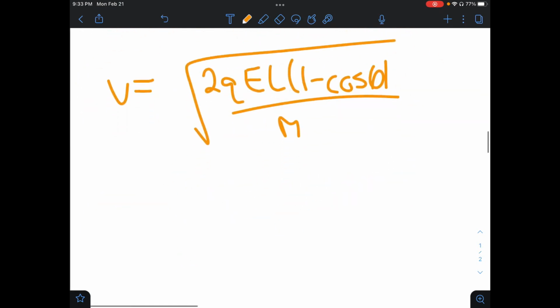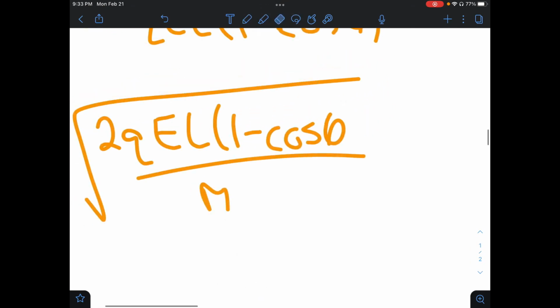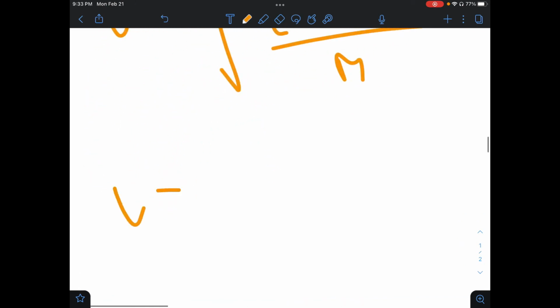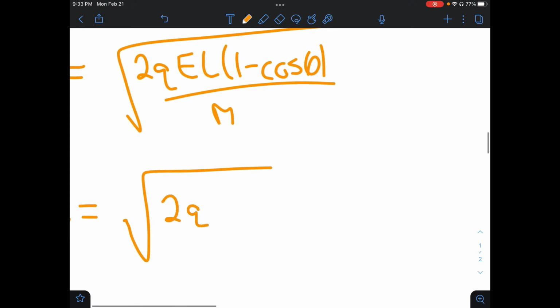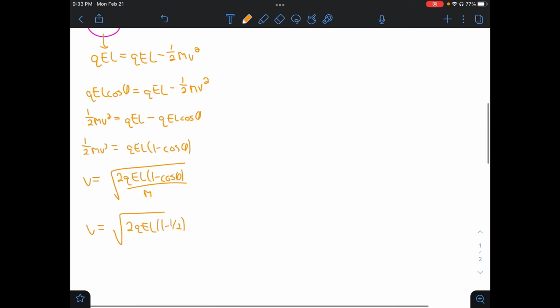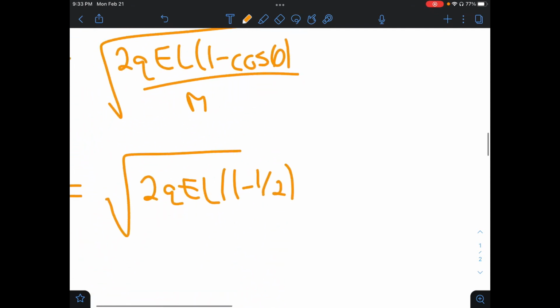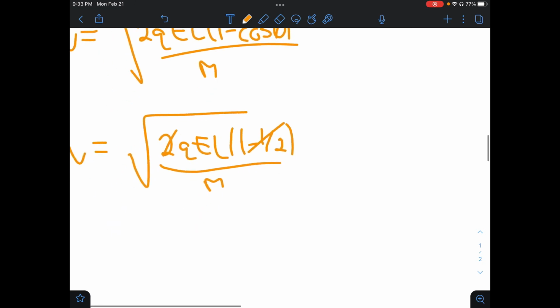An easy way to get out the cosine theta is just this from there. So v squared equals 2QEL times 1 minus 1/2, because cosine 60 is 1/2. Then I can cancel this 2 into the 1/2.